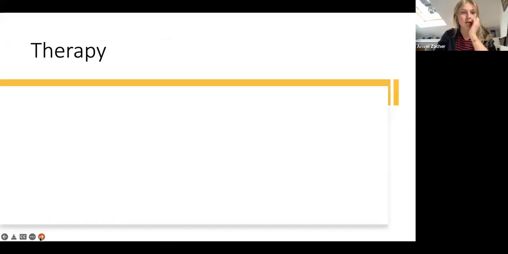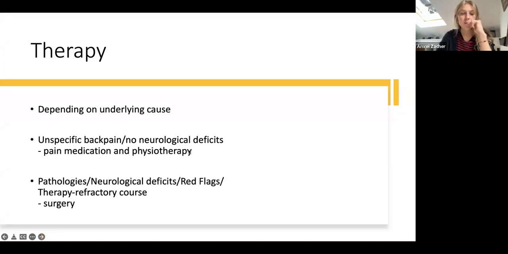So then we continue to therapy. So therapy, basically, it depends on what the underlying cause is. So you cannot really say it for everything. But for most of the causes, you would operate.